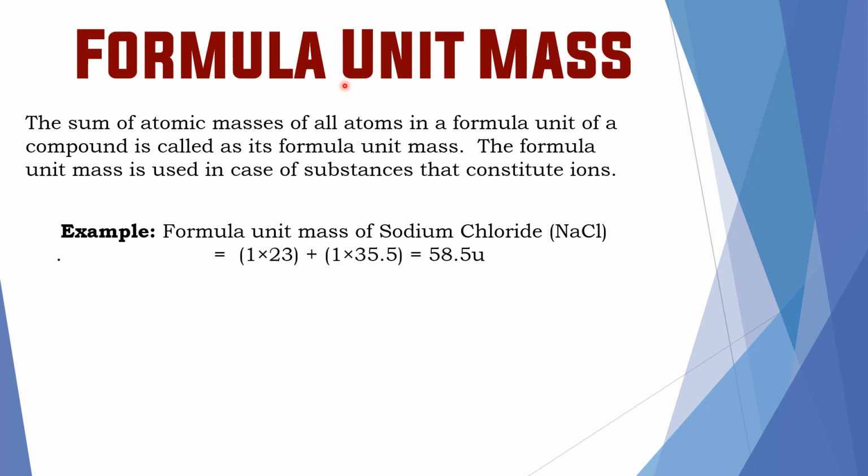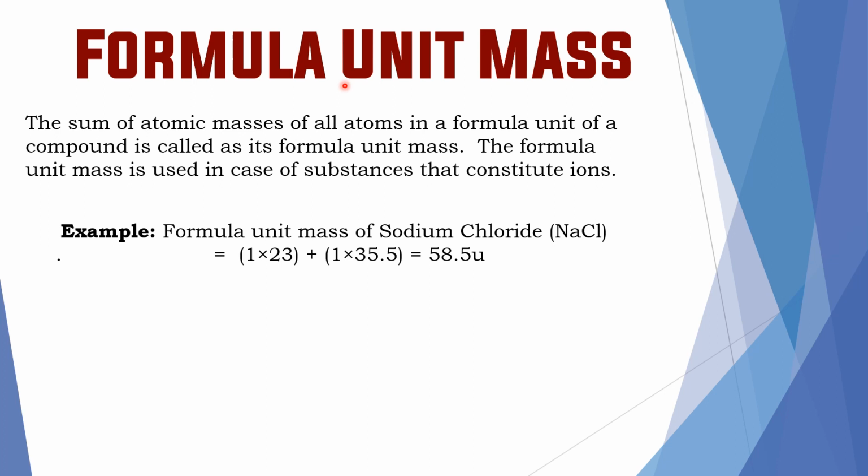We studied what an ion is. An ion is a charged particle. So for a compound that has ions, when we take its mass, we call it formula unit mass. Otherwise molecular mass and formula unit mass are the same. The difference is only this one.